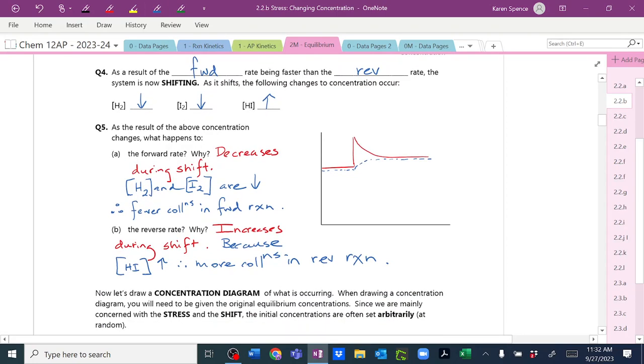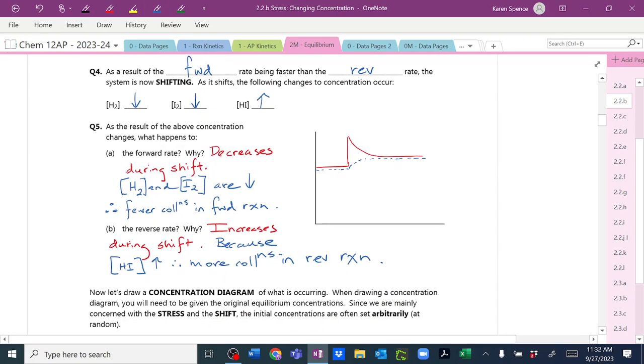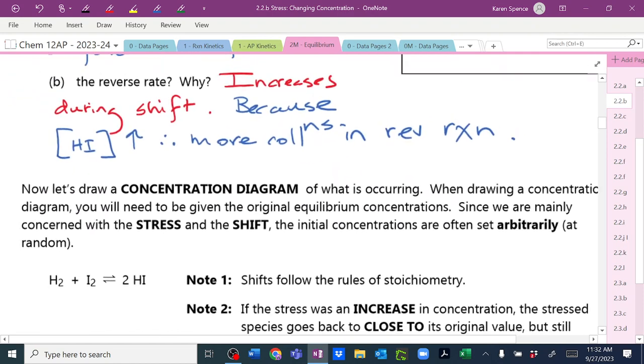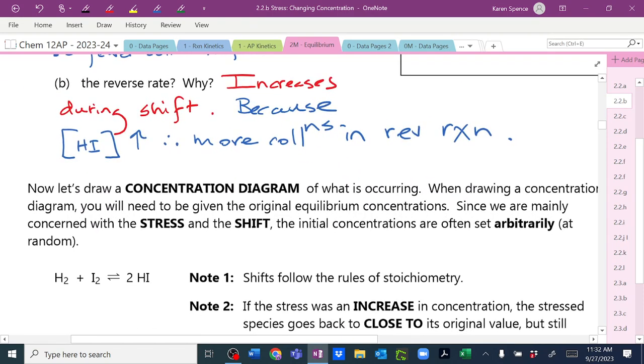All right, now we're going to draw a concentration diagram of what is happening. When we draw a concentration diagram, you will need to be given the initial or original equilibrium concentrations.